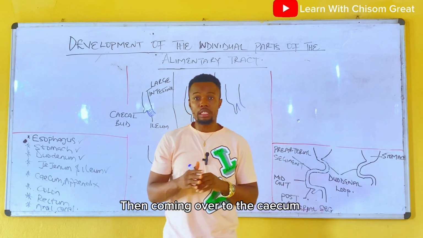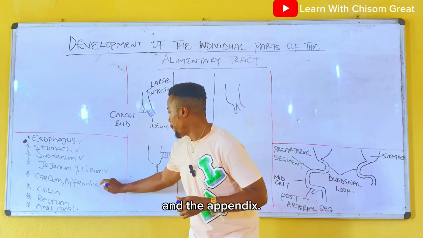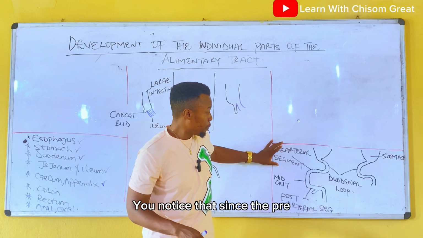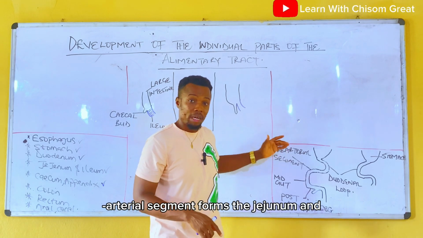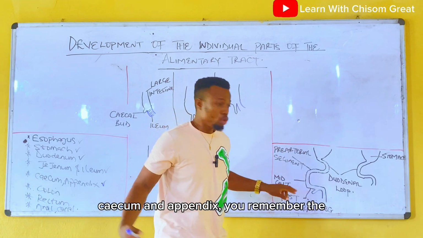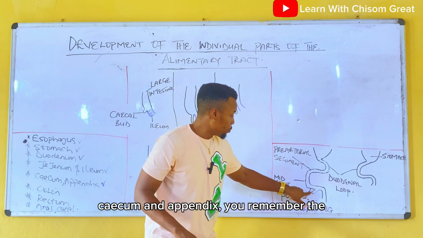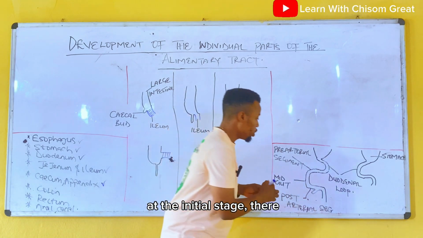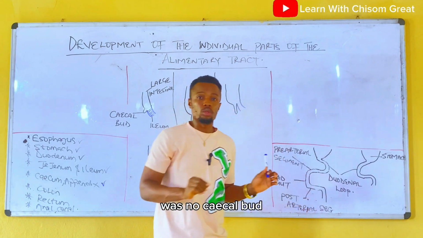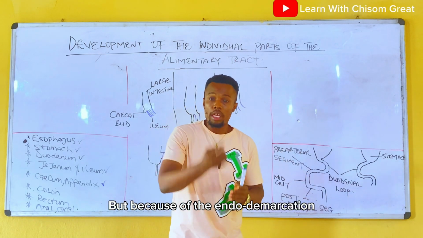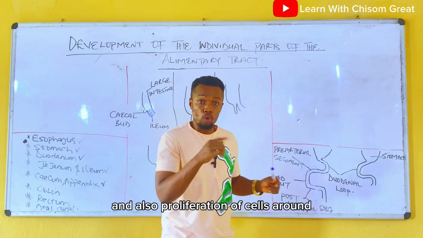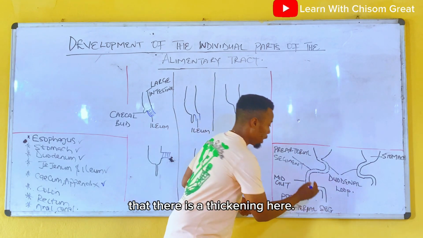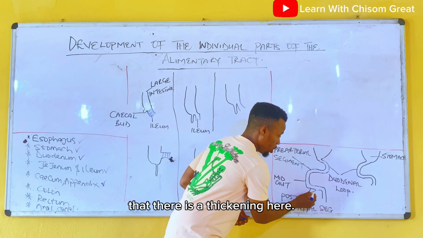Then coming over to the caecum and the appendix, you notice that since the prearterial segment forms the jejunum and the ileum, coming to the caecum and appendix, you remember the cecal bud here. At the initial stage, there was no cecal bud, but because of the endodermal thickening and also proliferation of cells around the postarterial segment, you notice that there is a thickening here.